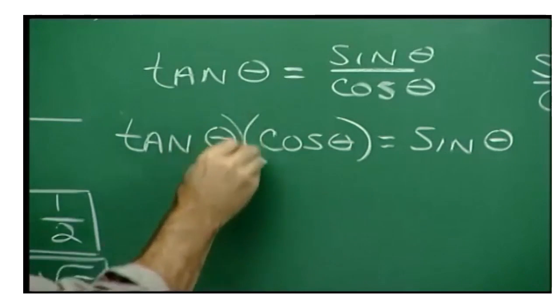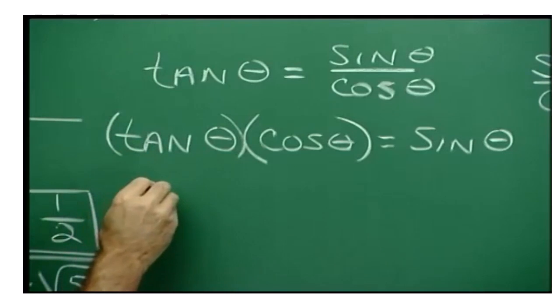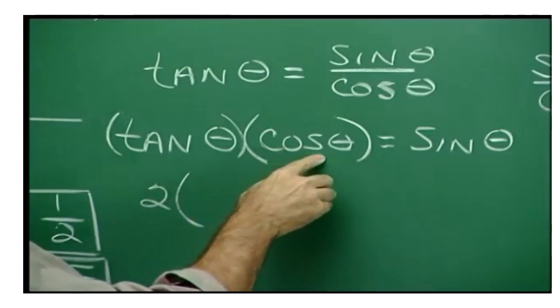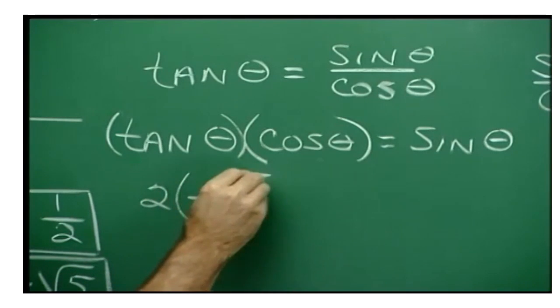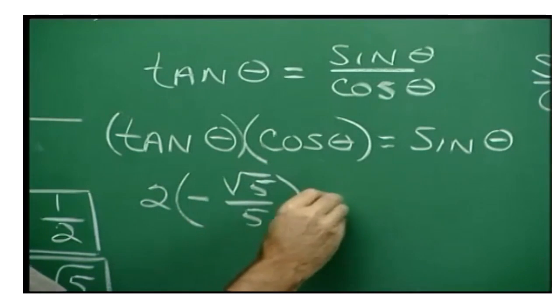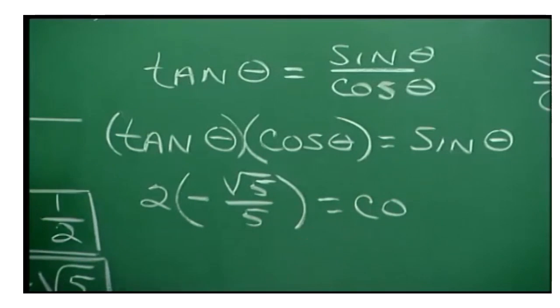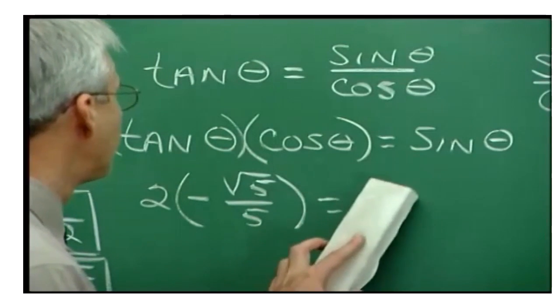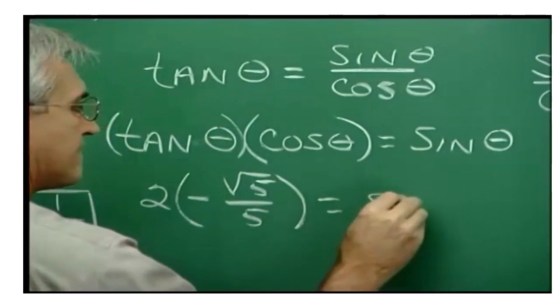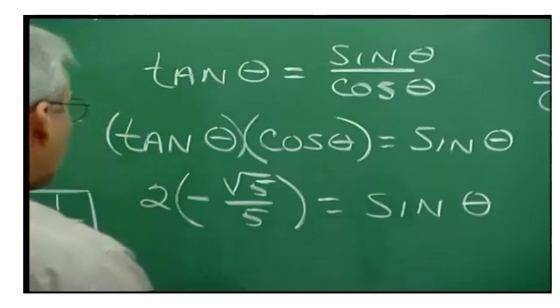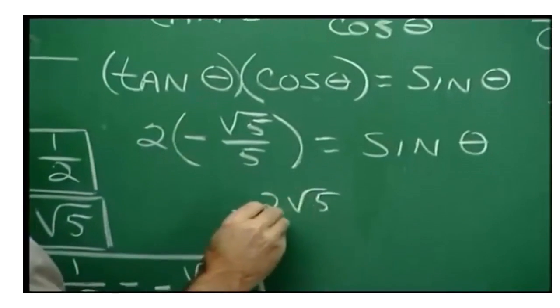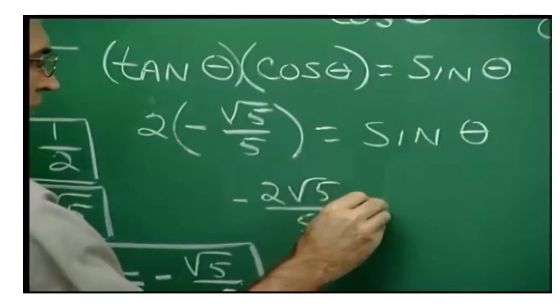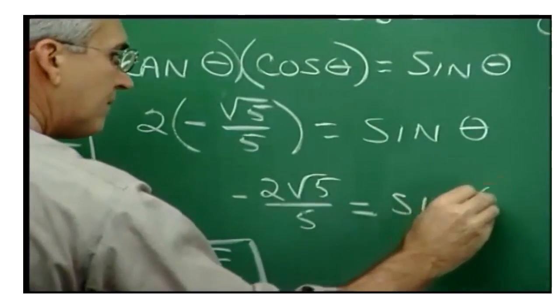Now we have tangent theta is 2. And cosine theta, we found it down here to be negative square root of 5 over 5. And that's what sine theta is. And now multiplying, we get negative 2 root 5 over 5 for sine theta.